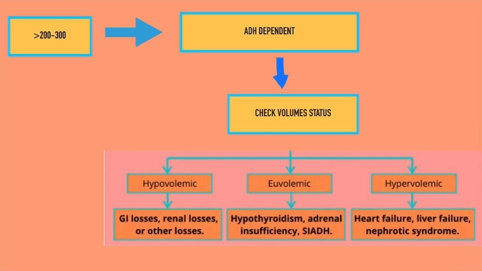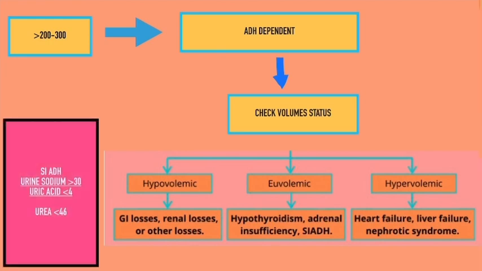So always look at serum osmolality to differentiate true hyponatremia from false hyponatremia, second, check urine osmolality to look for ADH dependency, and third, look at the volume status of the patient. To differentiate subtle hypovolemia from euvolemia, we can use urine sodium measurement, serum uric acid measurement, and also serum urea level.